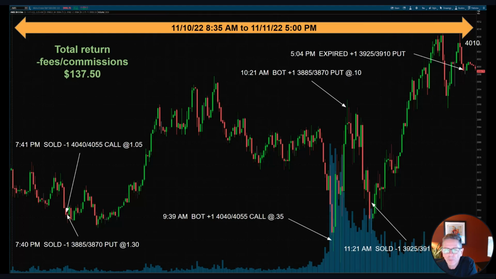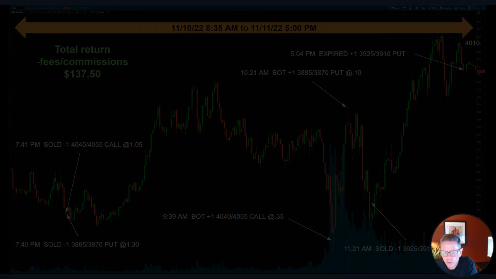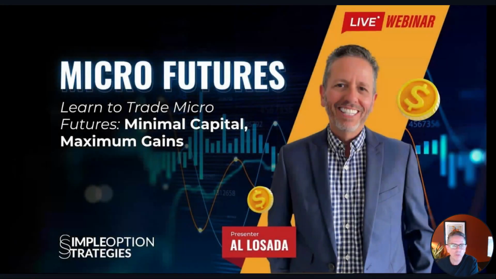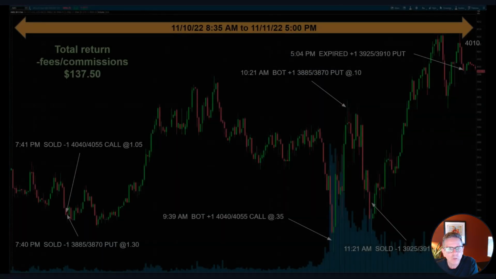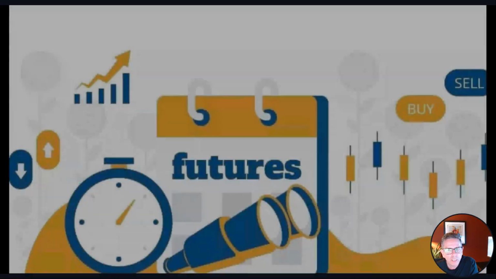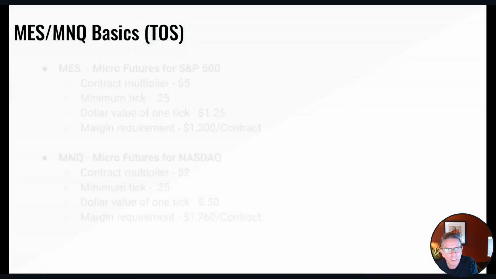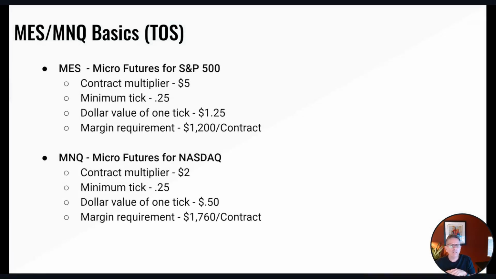All right. So let's talk about micro futures now. Okay, we're getting close here. So let's move on here. So micro futures is a directional trade, and it's not like SPX. So the margin contracts for these micros are 1200 and 1760.